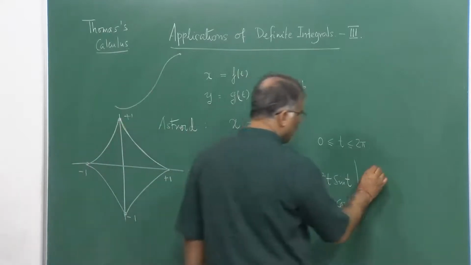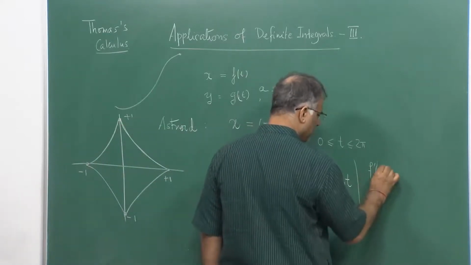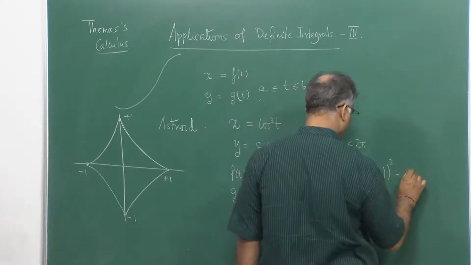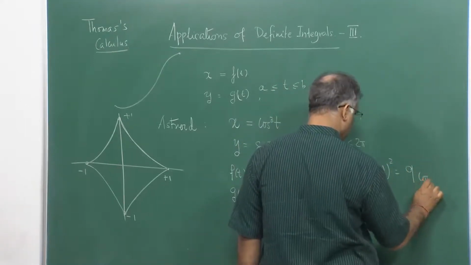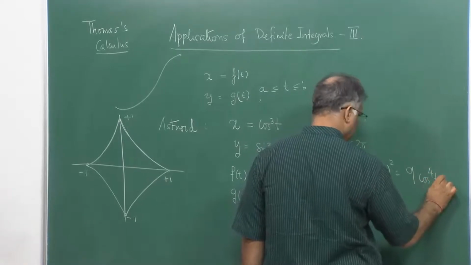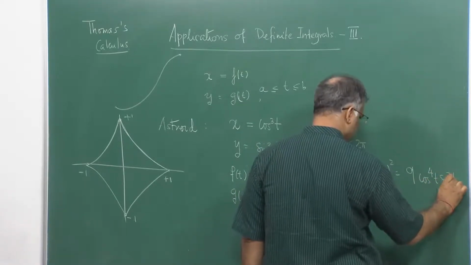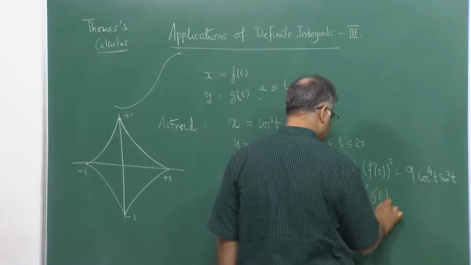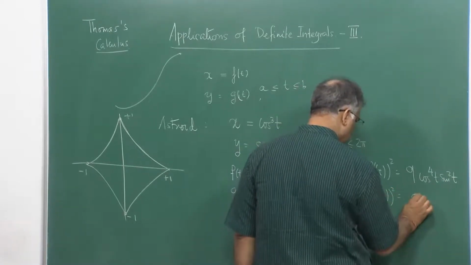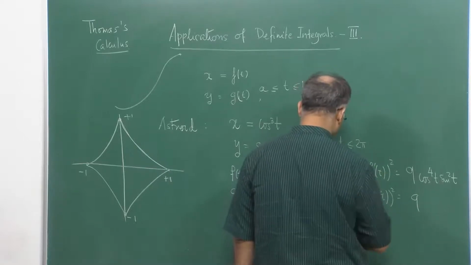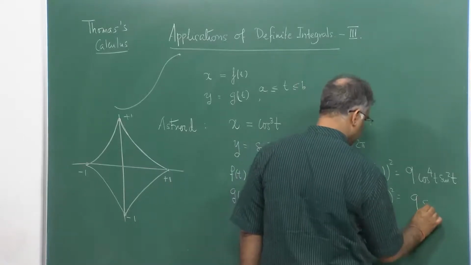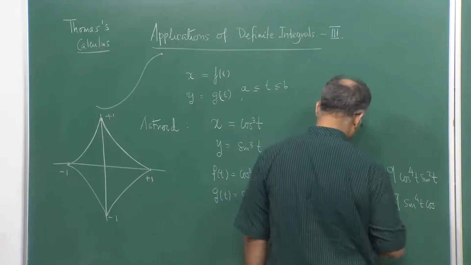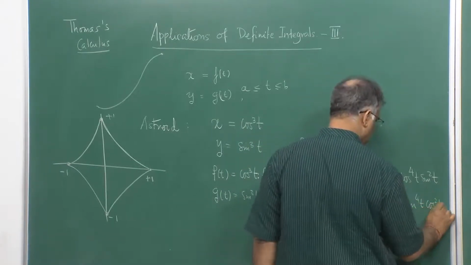So, you will have f dash t whole square is equal to 9 cos 4 t sin square t, and g dash t whole square is equal to 9 sin 4 t cos square t.